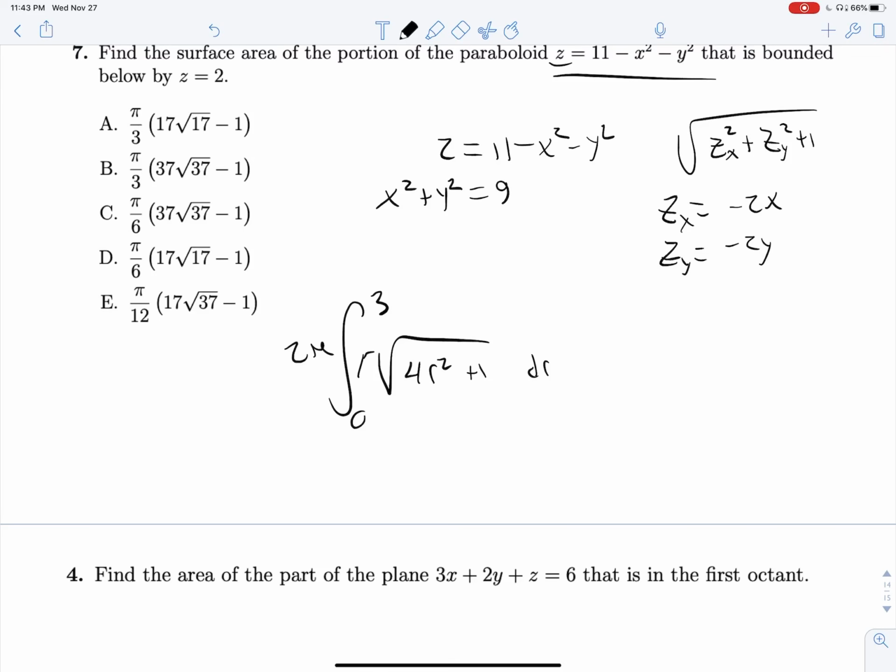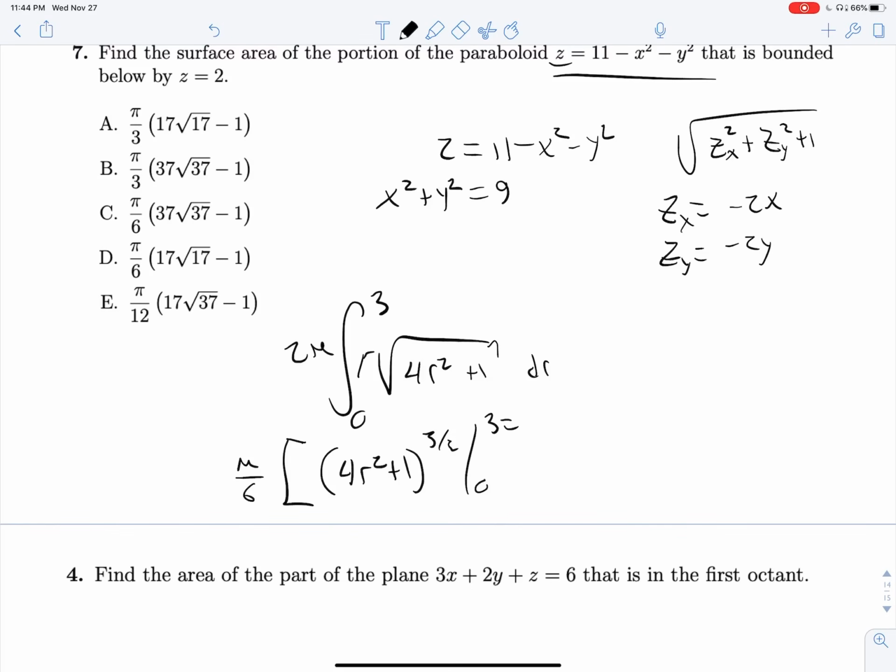And now doing our integration, we are going to get 2 pi times the quantity 2/3 times 1/8, so just 1/12, which we can move out here as pi over 6 times the quantity of 4r squared plus 1 to the 3/2 on 0 to 3.